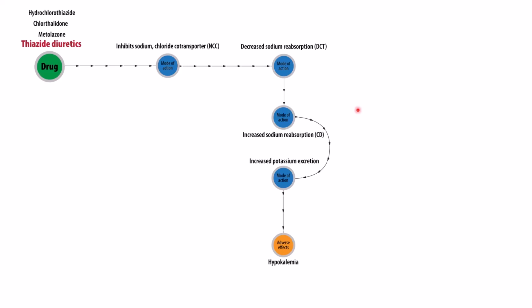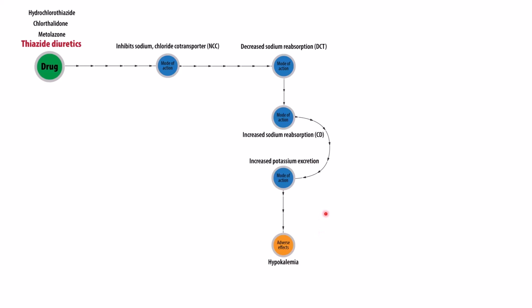However, the most common side effect, and you definitely need to know this, is hypokalemia. Now, thiazide diuretics cause that, as well as loop diuretics, using the same mechanism. The decreased sodium reabsorption along the distal convoluted tubule causes more sodium to be delivered to the collecting duct, where it is reabsorbed by the epithelial sodium channel. In exchange, potassium is secreted along the same segment of the collecting duct. And so that's what leads to the hypokalemia.